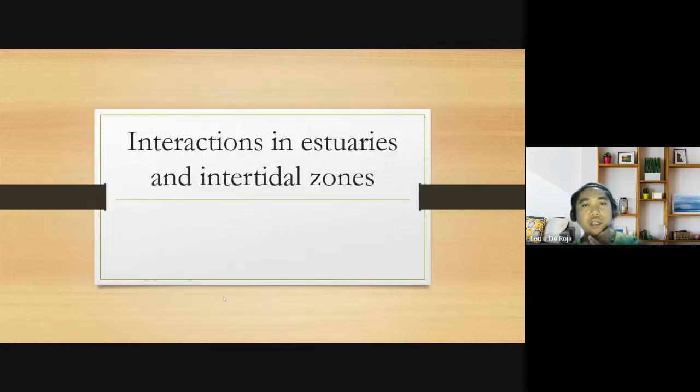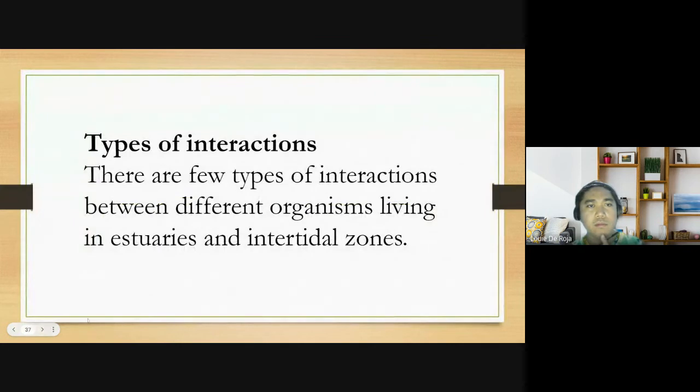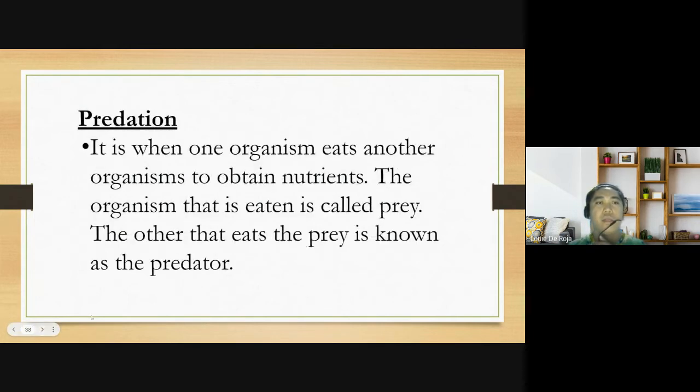So interactions in estuaries and intertidal zones. So types of interactions. There are a few types of interactions between different organisms living in estuaries and intertidal zones. Okay, first is predation. It is when one organism eats another organism to obtain nutrients.